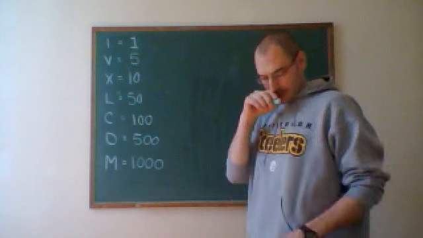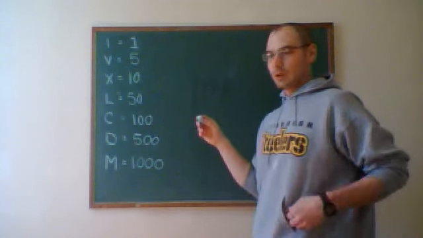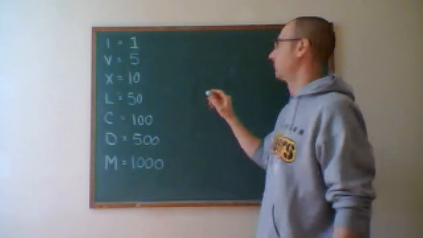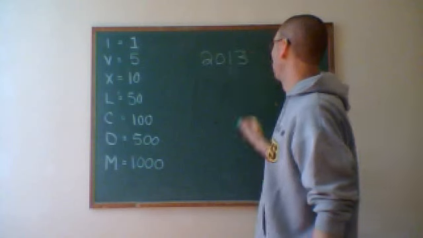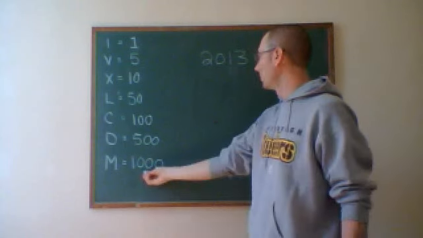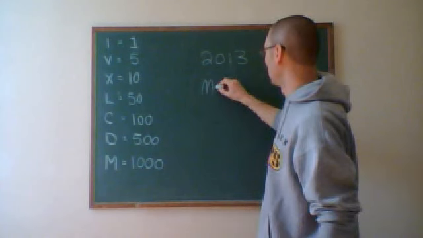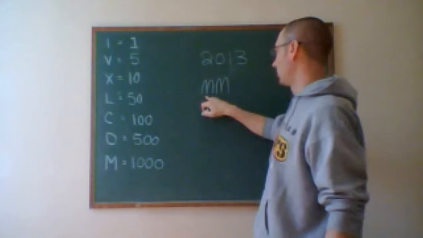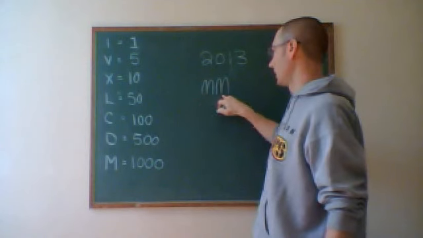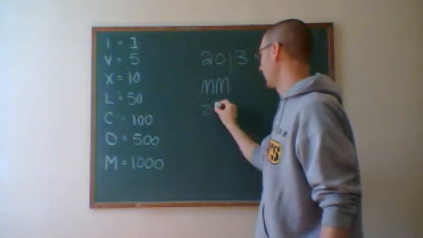I have a couple examples here. If we wanted to show our year, this year is 2013. So in order to do so, we need 2000, M, M. 2 letters in a series, matching together, we add them together, giving us 2000.